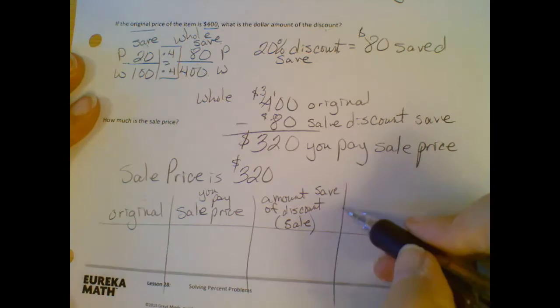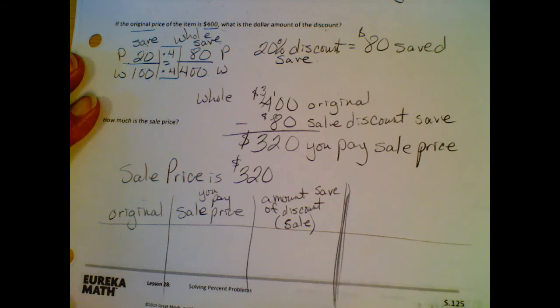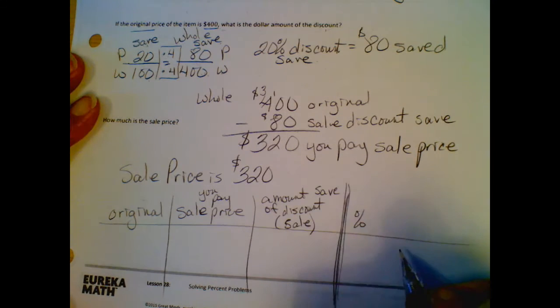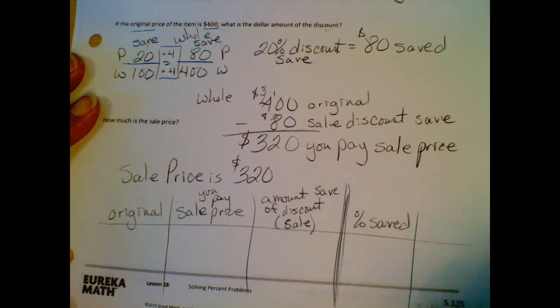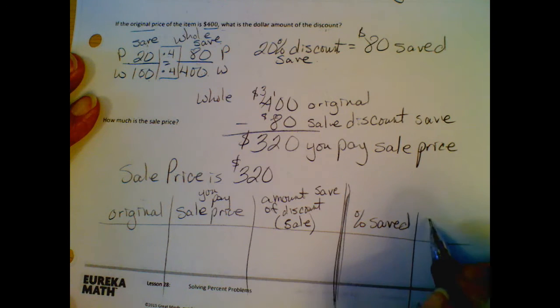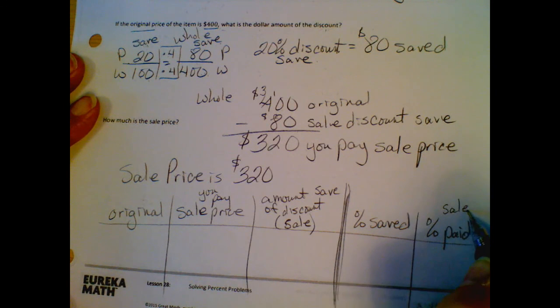Okay, now I'm going to make this actually kind of large because it's different. This is going to show me the percent saved, which is what they started with in this problem, and the percent paid. This is the sale price.